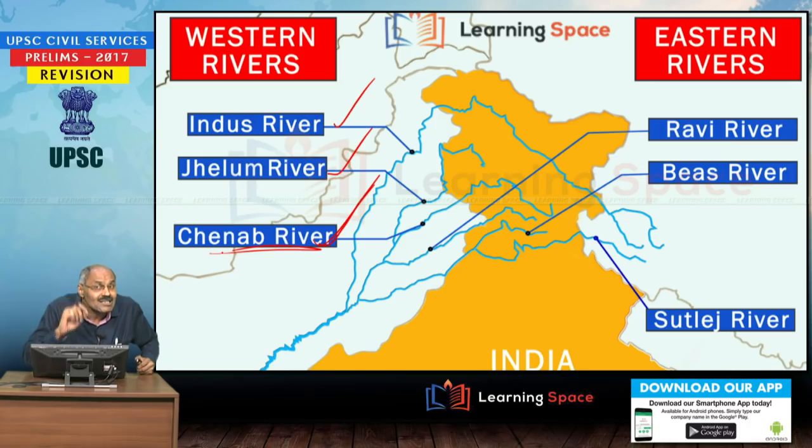Kishan Ganga project is also in Jammu and Kashmir, and Kishan Ganga is the tributary of Jhelum river. Kishan Ganga project is on Kishan Ganga river, which is known as Neelam in Pakistan, and Kishan Ganga river is the tributary of Jhelum river.